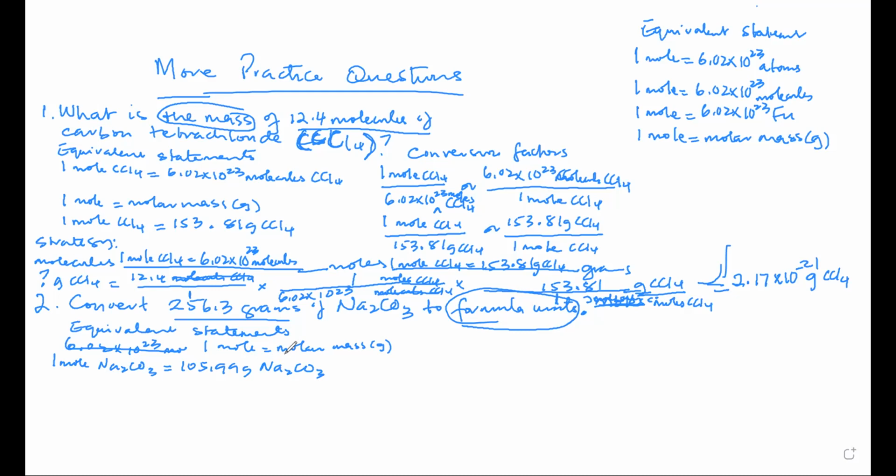And then the other equivalent statement: if we go from grams to mole, we go from mole to formula units. So that will be 1 mole of sodium carbonate is equal to 6.02 times 10 to 23 formula units of sodium carbonate.